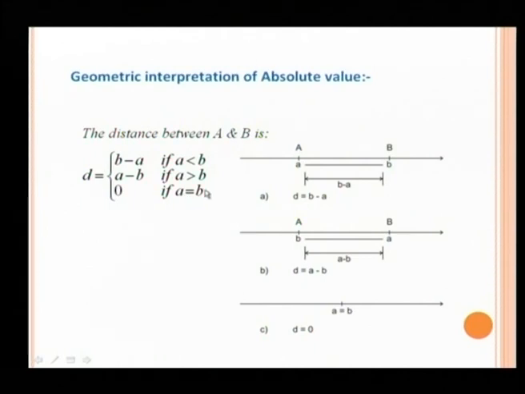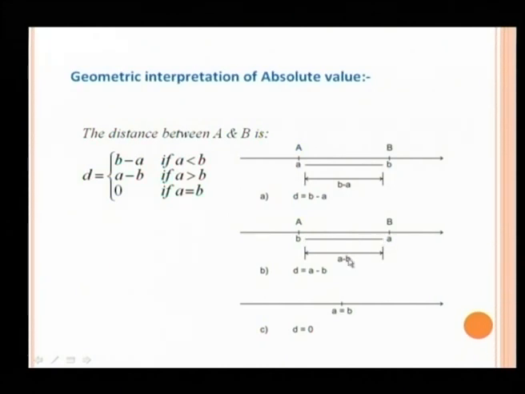As a geometric picture of all these three cases, for the first case, which is d is equal to b minus a, we would have two numbers which are a and b on the real line. Now when a is less than b, the distance between a and b would become b minus a. For the second case, which is d is equal to a minus b, here again two numbers are b and a, where b is a smaller number than a.